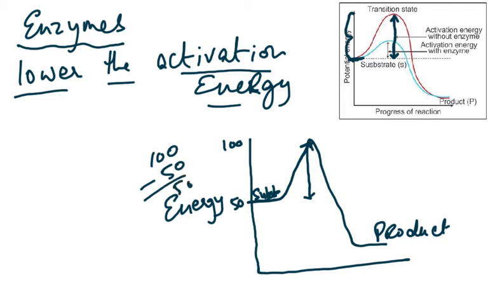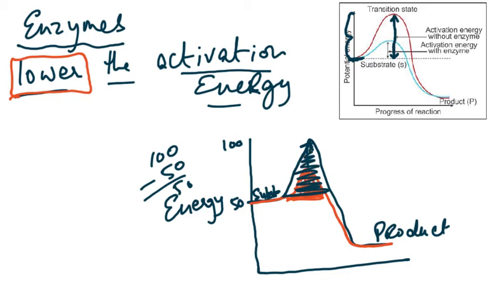Now this is without an enzyme, but when an enzyme is used, the enzymes lower the activation energy. Basically the energy level of the product and the substrate must remain the same. So what has happened is that the energy needed is now reduced. This has to be very clear to everybody: this is now the energy level which is needed, whereas previously this was the energy level which was needed, so we needed this much energy.